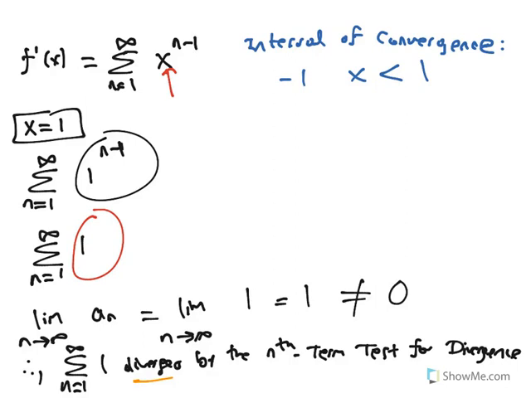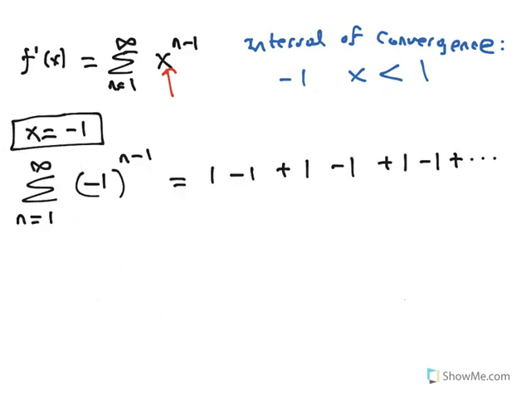So we know that the interval of convergence will not include x is equal to 1. But we still have a question about whether the interval of convergence will include x is equal to -1. So we'll check for that now. When x is equal to -1, we just get a series whose terms alternate between +1 and -1.